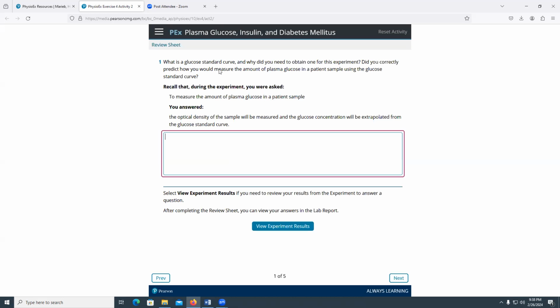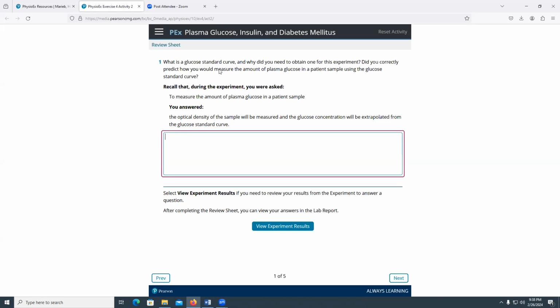What is a glucose standard curve? So now we have to define what is a glucose standard curve and why did you need to obtain one for this experiment? And did you correctly predict how you would measure the amount of plasma glucose in a patient sample using the glucose standard curve?